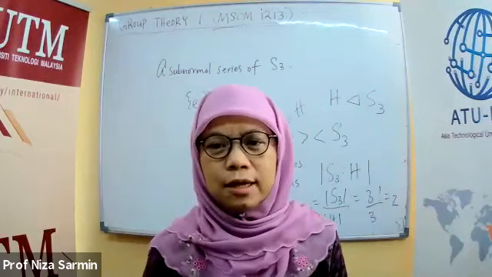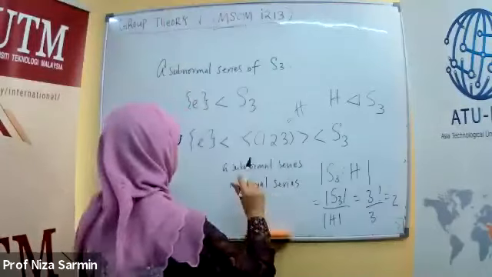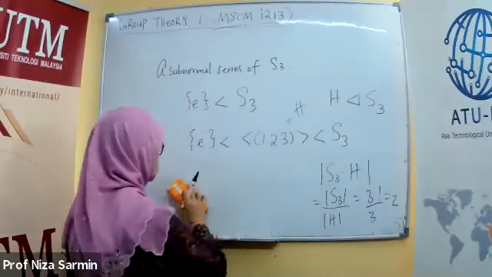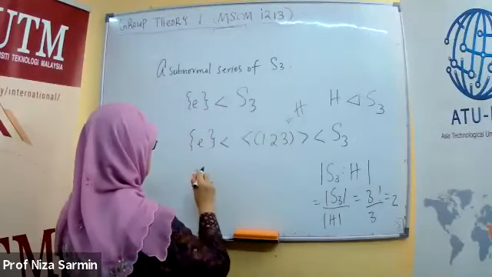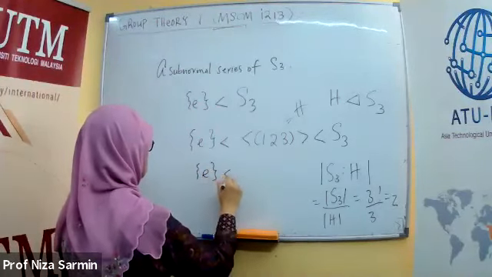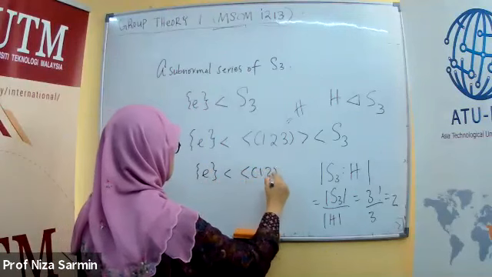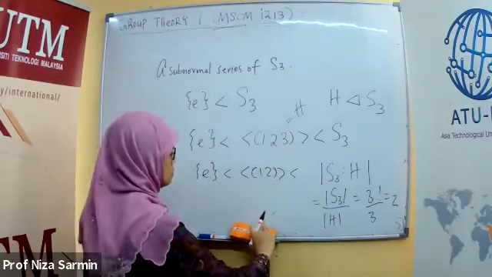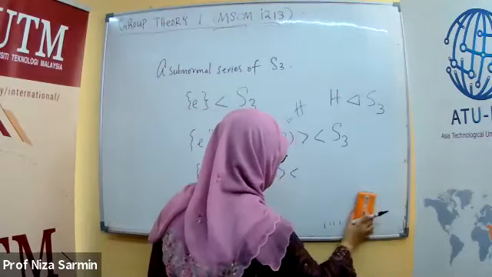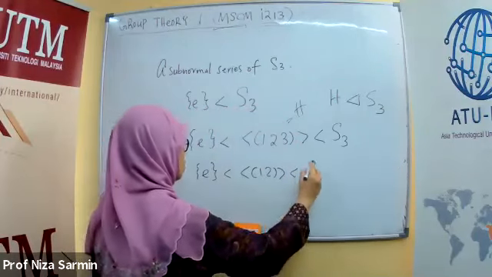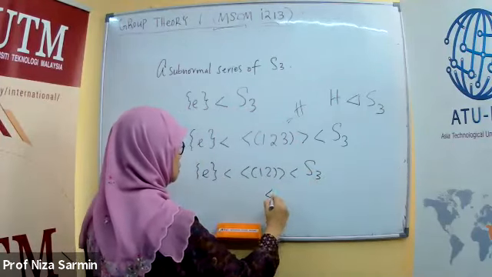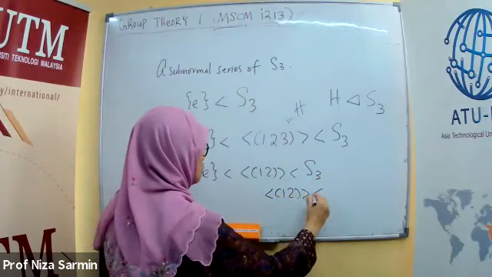You understand that? You can have 1, 2, or 2, 3, or 1, 3. If you put 1, 2, this is not normal.